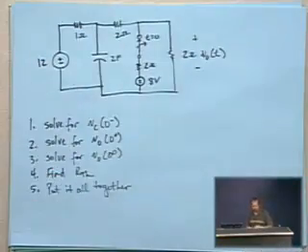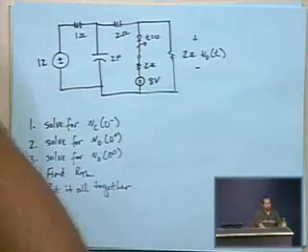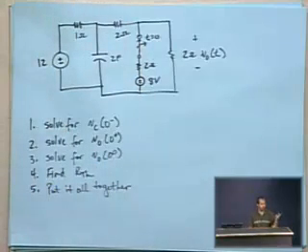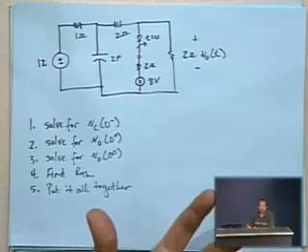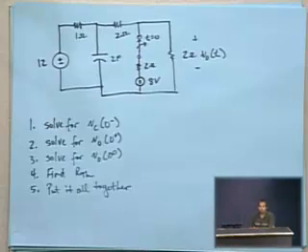So that's the process, and at least for any circuit containing just independent sources, that will always be the same. There are a few questions on the homework that ask you to start looking at that. Any of the circuit analysis techniques that we've talked about will always be fair game for analyzing these circuits, whether it's nodal analysis or mesh analysis. I can't think of a reason why you would want to do a Thevenin analysis, but you could.